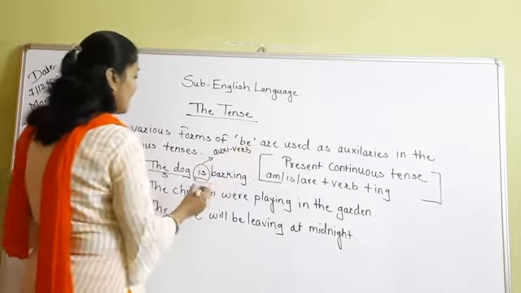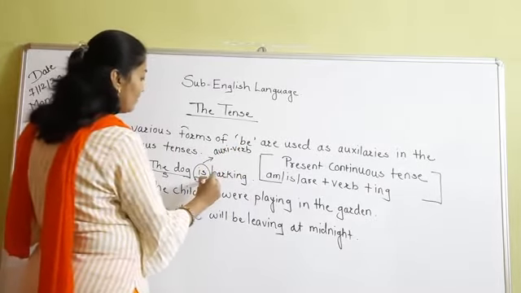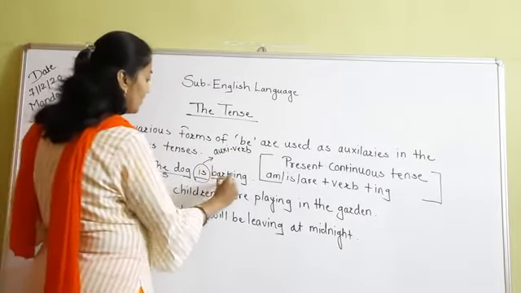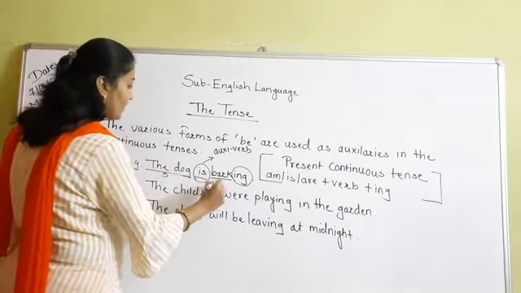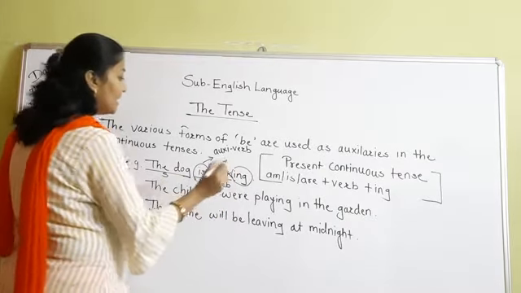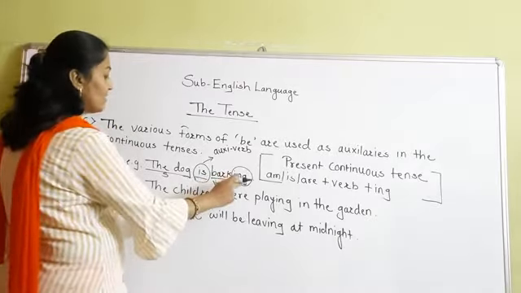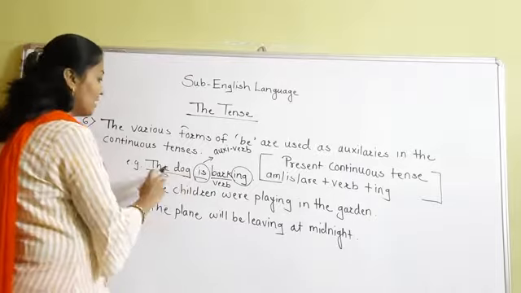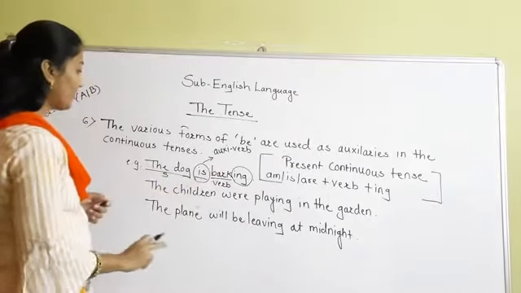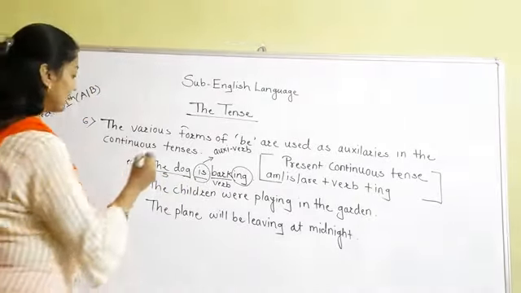And bark is the verb here, and we have added ing to that verb, so it has become present continuous tense. The dog is barking. So have you understood, students?